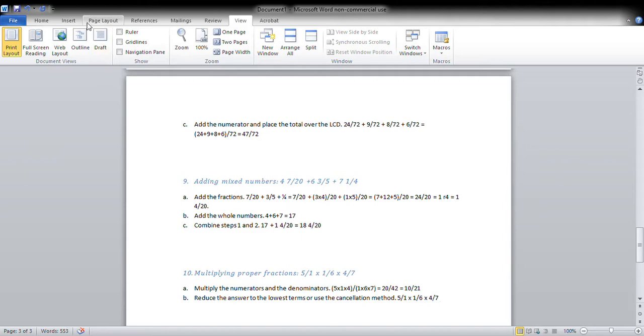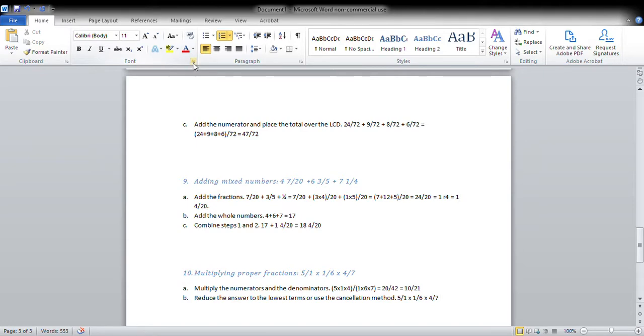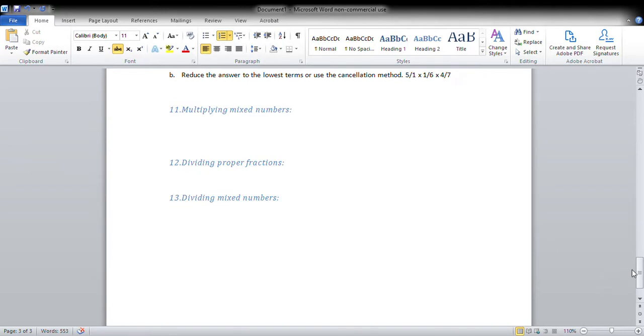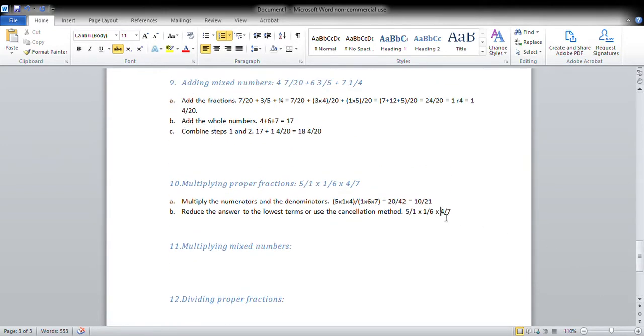So if we want, we can cancel these out. So 4 we want to strike through. And 6 we want to strike through. And for whatever reason, it's not striking through. Oh, it did that time. It's just put it where the line was.